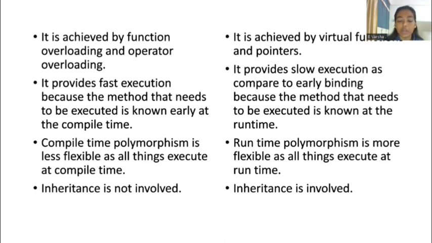Whereas runtime polymorphism provides slow execution as compared to early binding because the method that needs to be executed is known at runtime. Compile time polymorphism is flexible as all things execute at compile time. Runtime polymorphism is more flexible as all things execute at runtime. In compile time polymorphism, inheritance is not involved, whereas in runtime polymorphism inheritance is involved.